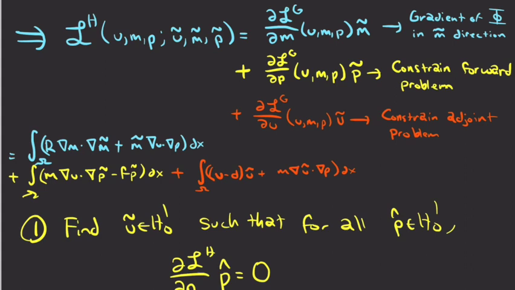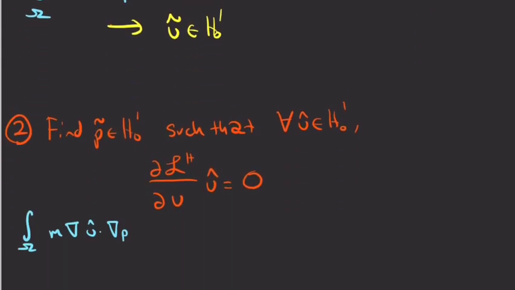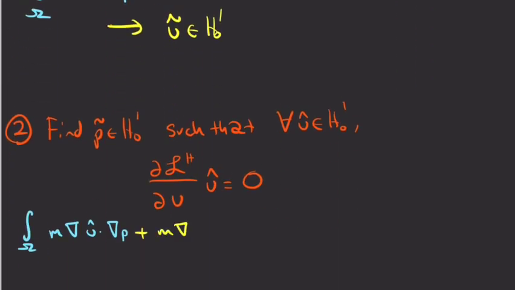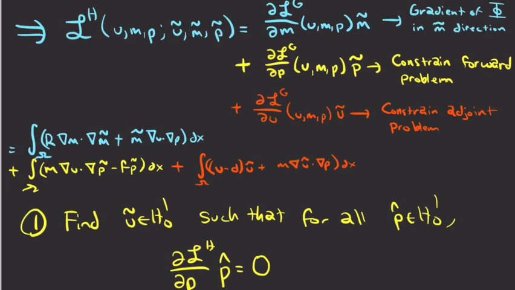For the second term, that is m, del u hat dot del p tilde. And then for the orange term, everything should vanish.